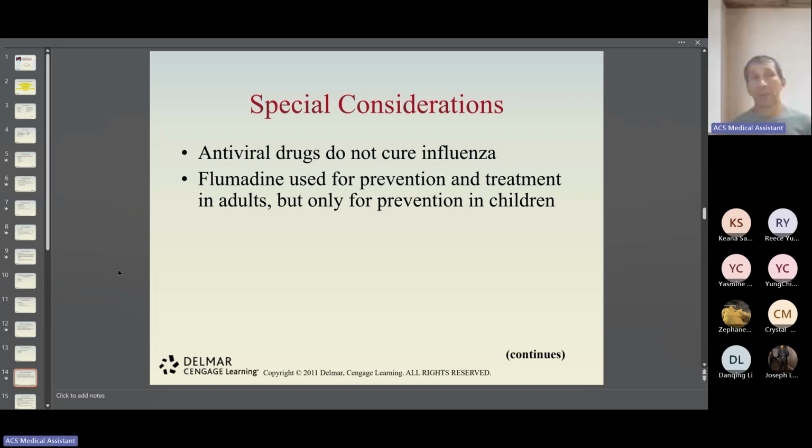Remember, antiviral medications do not kill the viruses, do not eliminate them. In other words, there is no cure. We have medications to depress the virus, meaning we kind of inhibit them so they do not multiply and they don't cause us more damage. They don't cause us more signs and symptoms.